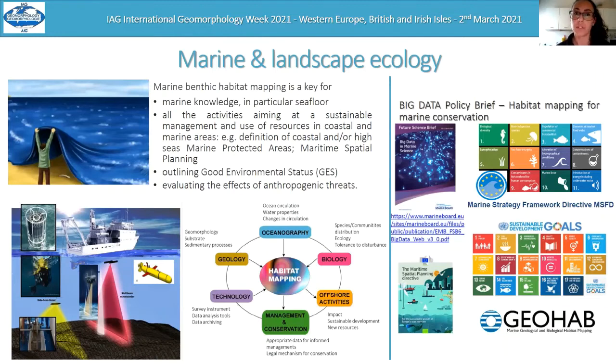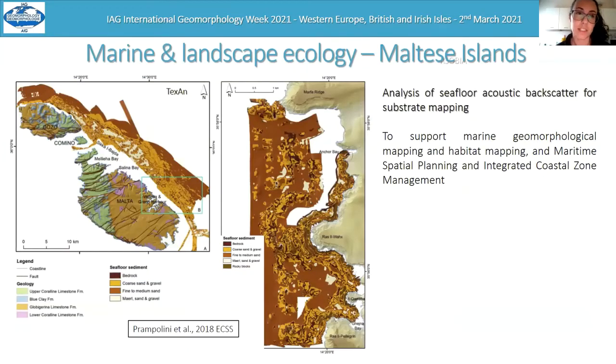Then we could also add the biological information, and then oceanographic data, and so on. So this is a multidisciplinary research that is usually carried out for marine conservation with different directives at European and international level.